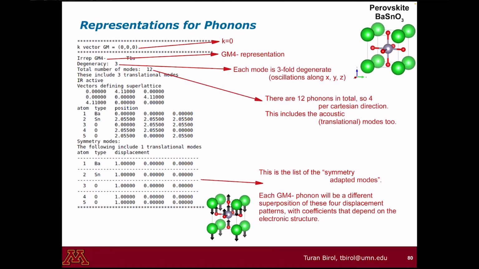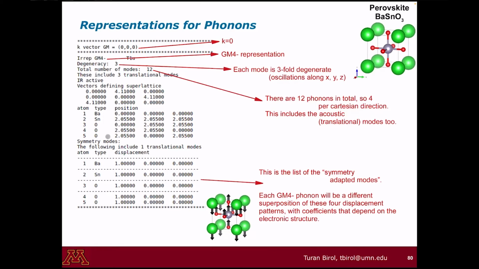So we were looking at only a single direction. So we ended up with 4 gamma 4 minus. Here this says these include 3 translational modes. So you might remember that there was that 0 frequency mode, which corresponds to the translation of the crystal. That's included in this list. It is infrared active. It creates a dipole.